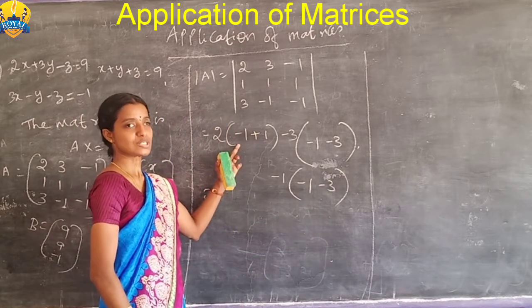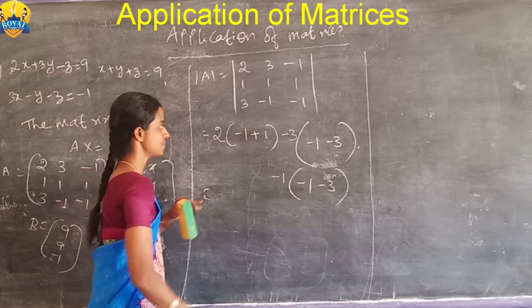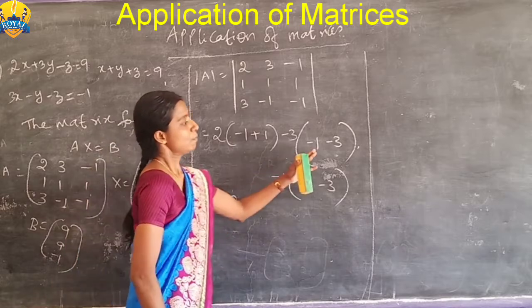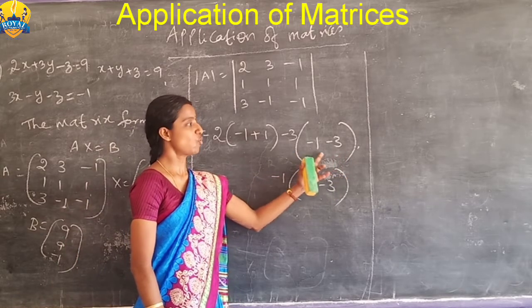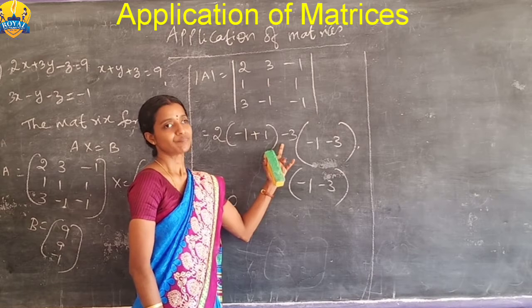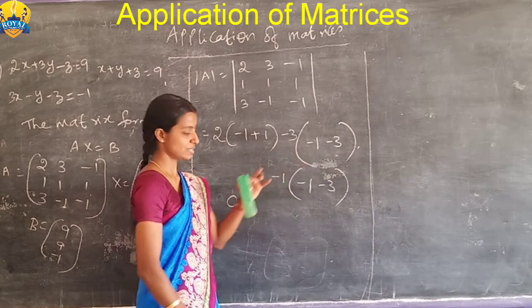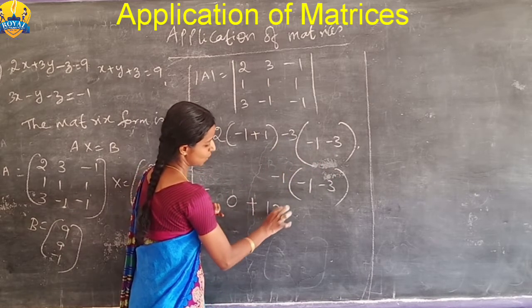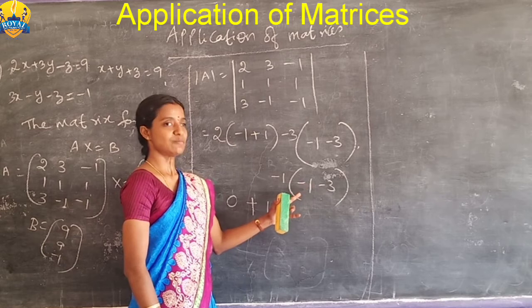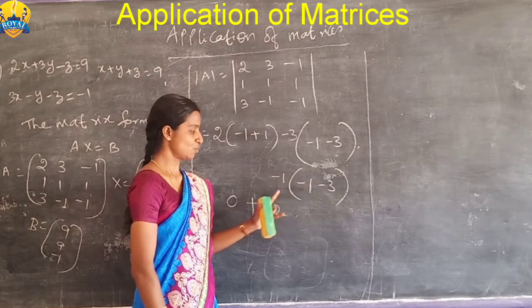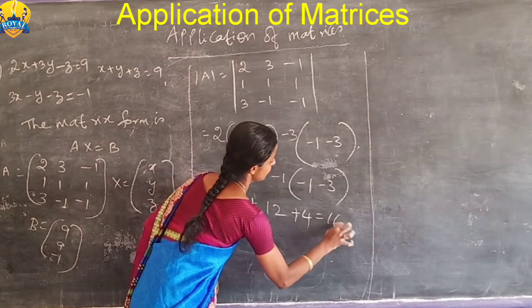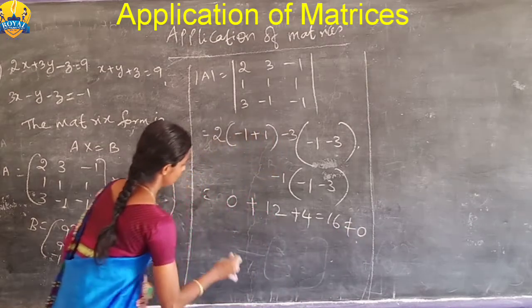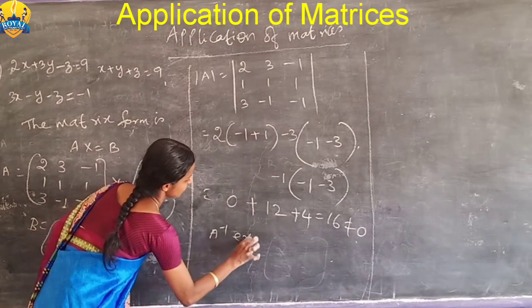Here 1 minus 1 is 0, 0 into 2 automatically becomes 0. Minus 1 minus 3 is minus 4. Minus 4 into minus 3 is plus 12. Minus 3 into minus 1, minus 4 into minus 1 becomes plus 4. So 12 plus 4 is 16, not equal to 0. So my A inverse exists.